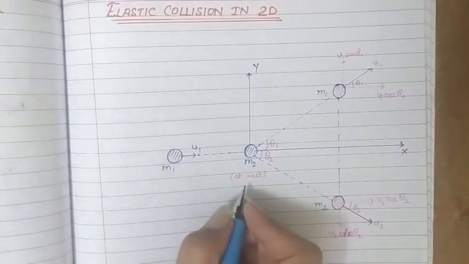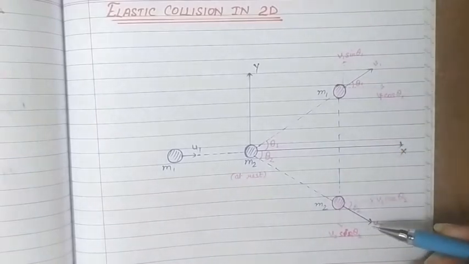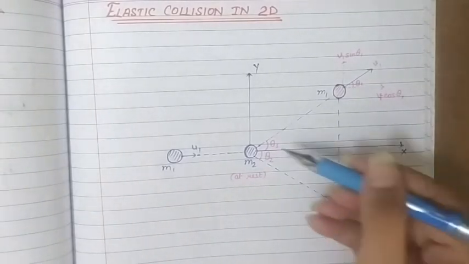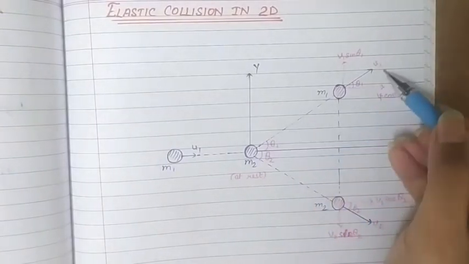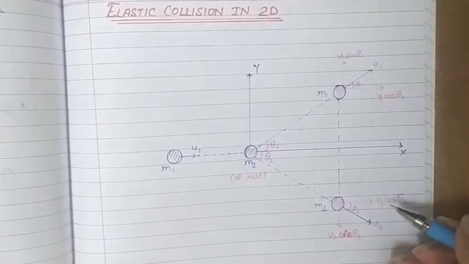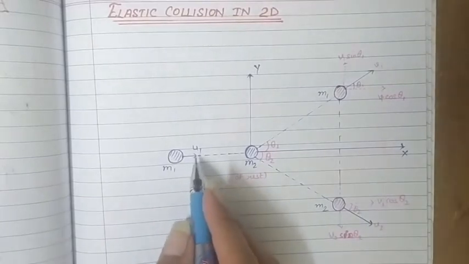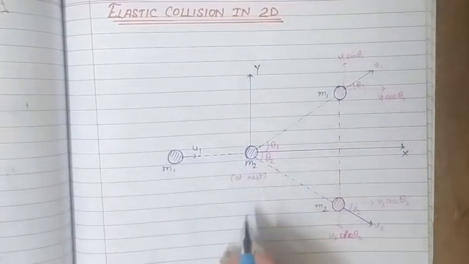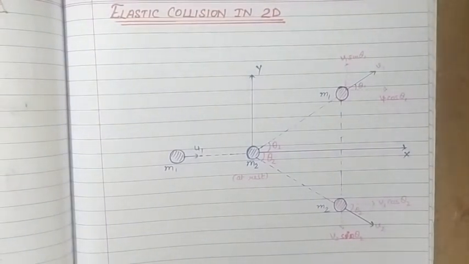After collision, these two particles move with velocities v1 and v2, making angles theta 1 and theta 2 with the x-axis. Before collision the velocities were u1 and 0. The particle of mass m2 is at rest before collision.